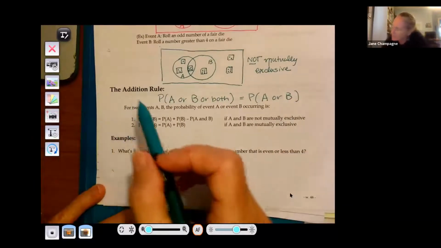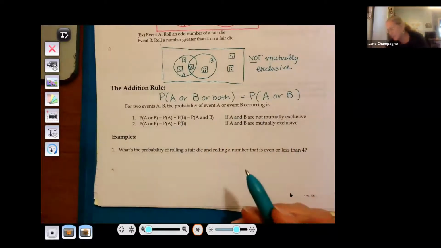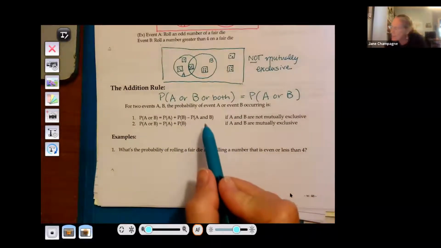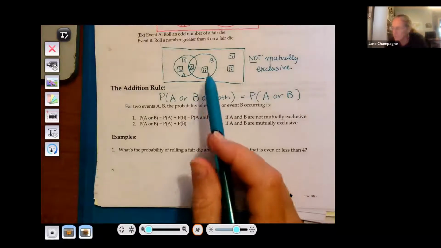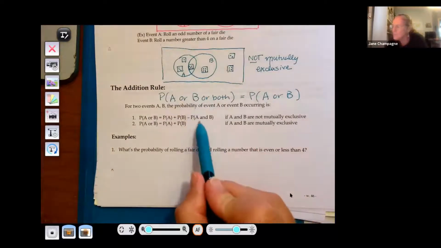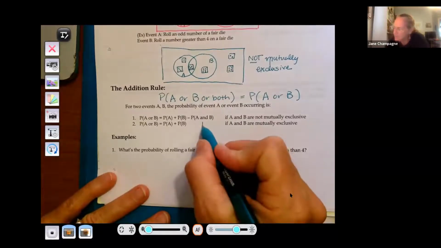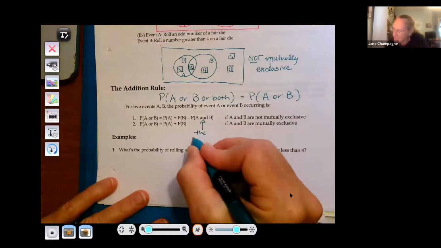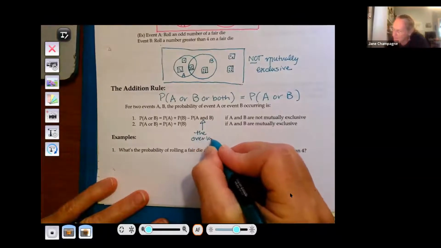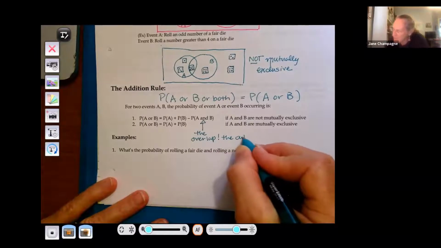All right, so what is the probability of A or B? Well, you add them, hence the name addition rule. But if your events are not mutually exclusive, right? If there's an overlap, you have to subtract off the probability of that overlap, the outcomes in common.